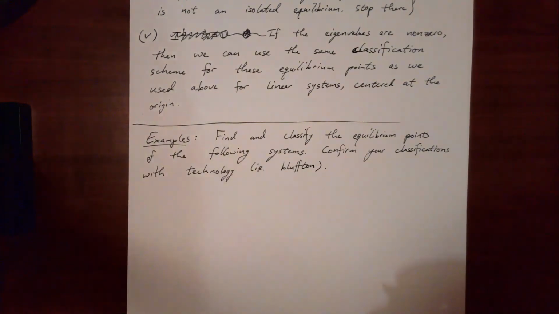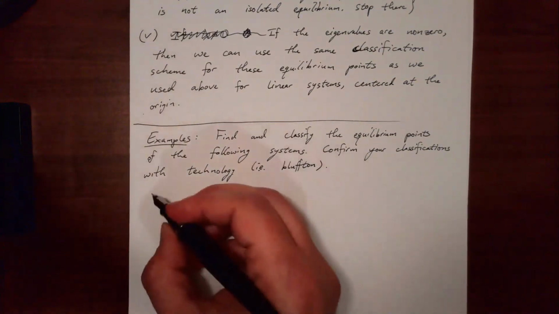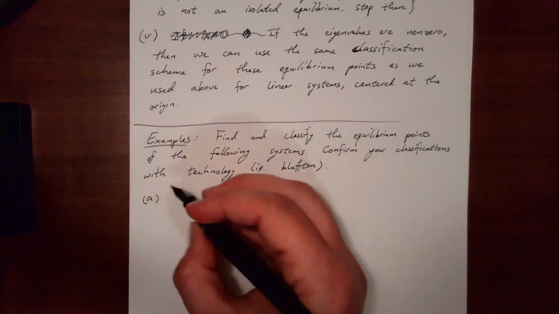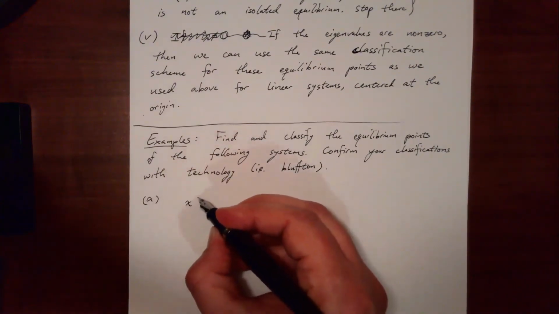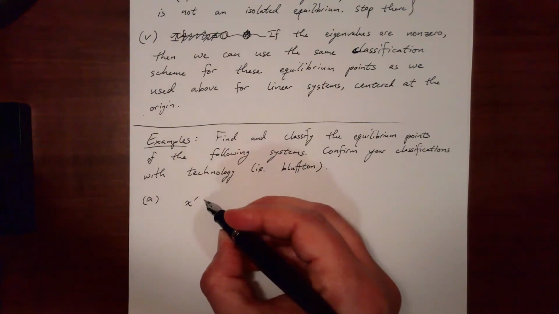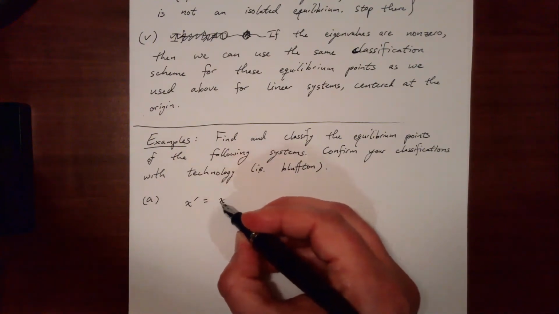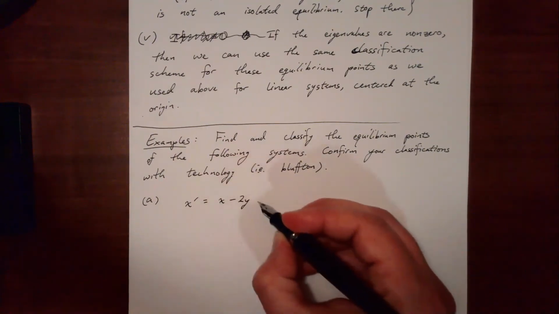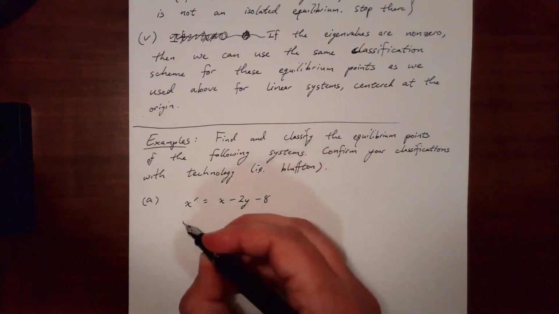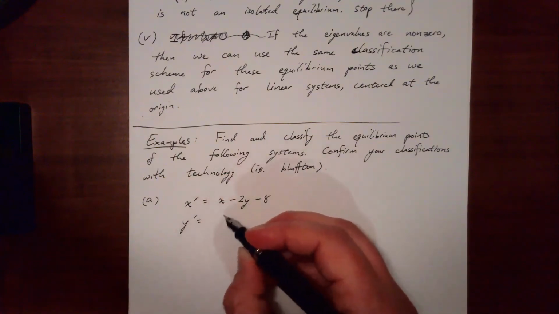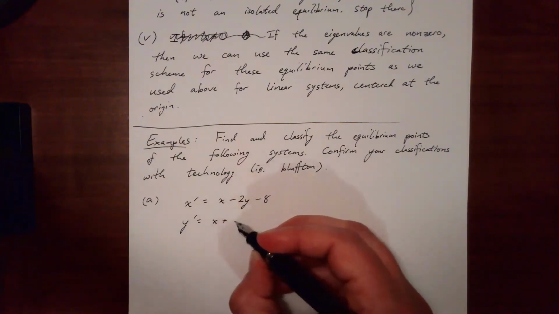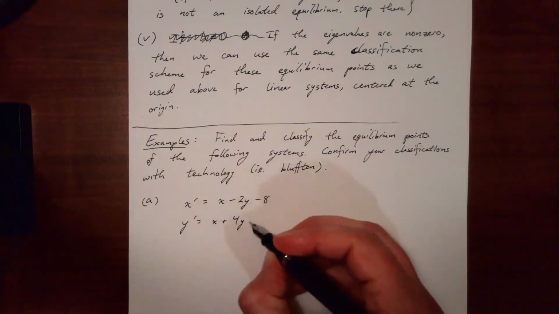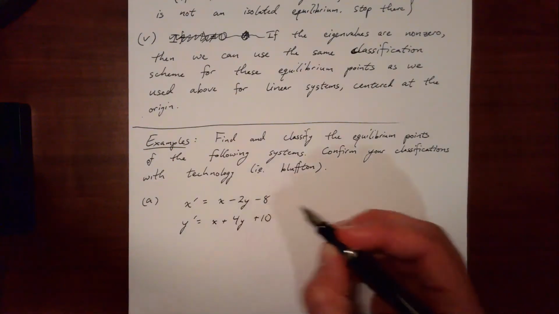All right, so let's look at our examples one by one. So A. So here, x prime equals x minus 2y minus 8. y prime equals x plus 4y plus 10.